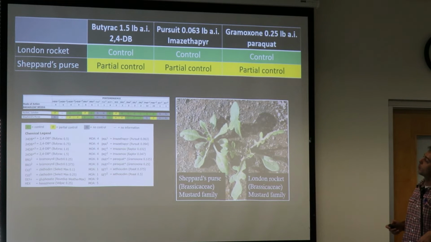Well, that would be a problem, because all the herbicides I chose only suppress shepherd's purse, but are very effective on London rocket. And if I thought I had London rocket and I actually had shepherd's purse, it wouldn't be a very good outcome either.